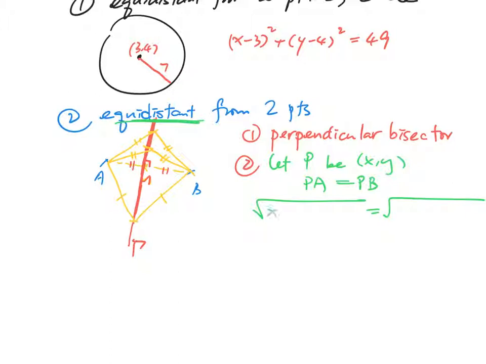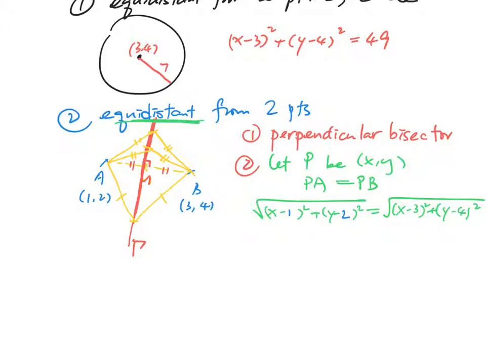For example, if A is (1, 2) and B is (3, 4), it's (x − 1)² + (y − 2)² for the distance of PA, and similarly (x − 3)² + (y − 4)² for the distance of PB. Then we generate the equation of the locus.